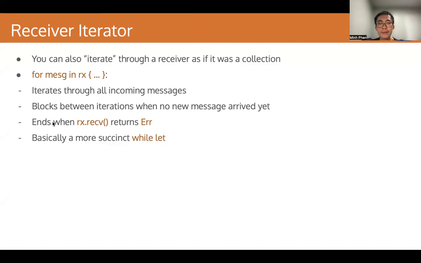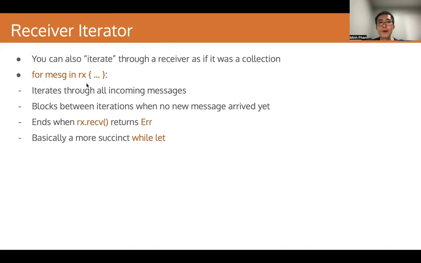And it will also block between iterations when no new messages have arrived yet. And this loop will end under the same conditions as when the receive method returns an error. So this loop ends when we have received all messages and all senders got dropped.